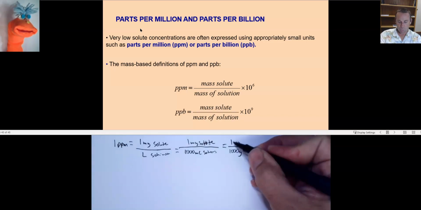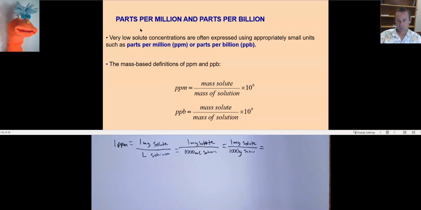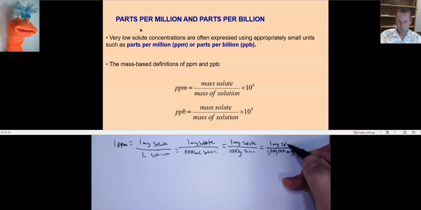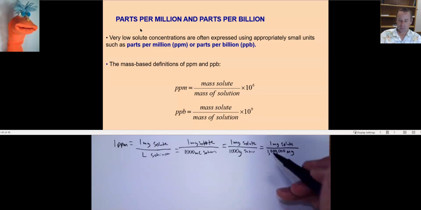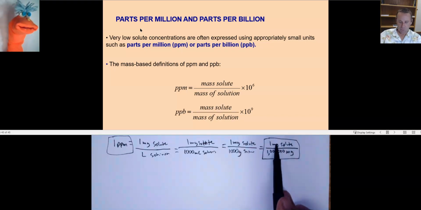So 1 part per million is 1 milligram of solute for every 1,000 grams of solution. 1,000 grams can be expressed in milligrams, and that ends up being 1,000,000 milligrams. For every 1 milligram of solute, there's 1,000,000 milligrams of solution. Okay, good. So that's where you can see our 1 part per million is 1 unit solute for every 1,000,000 units solution.